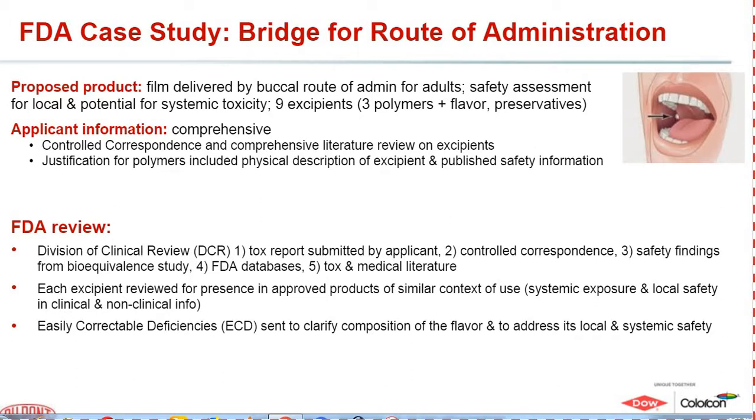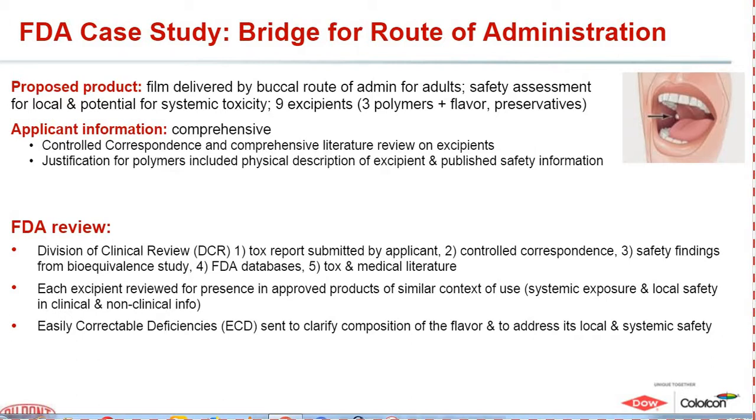There were some easily correctable deficiencies that FDA sent to the sponsor to clarify the composition of the flavor and also to address its local and systemic safety, but these were all taken care of relatively easily. So in the end, FDA's assessment included the fact that several of the excipients had been used in similar approved drug products.